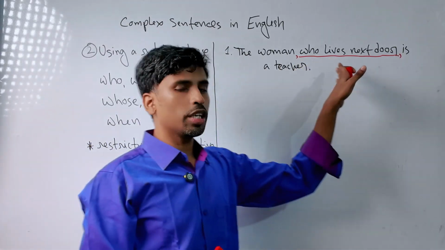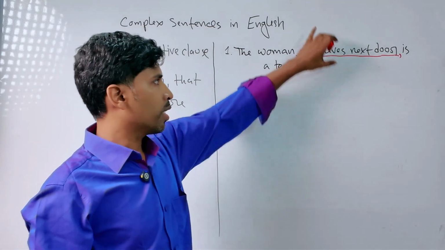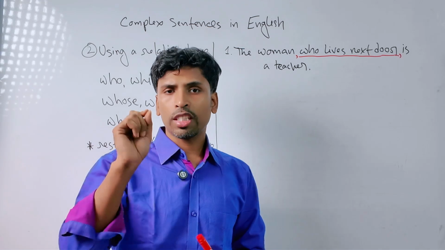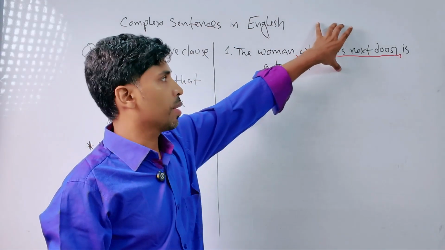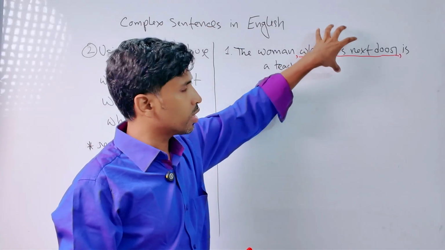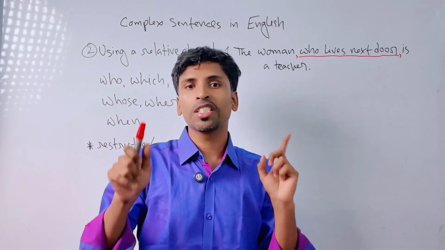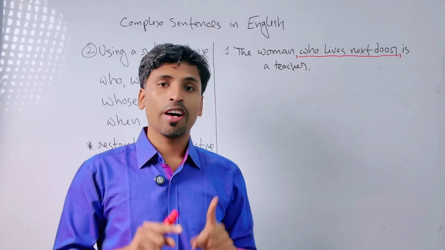In that case, it would be a non-restrictive clause. A non-restrictive clause gives you an extra bit of information, but you can easily take away. You can easily take this clause away from the sentence, and the sentence will still be meaningful. The sentence will still be accurate.